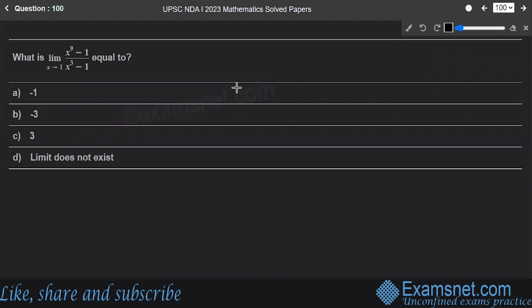Next is question number 100. What is the limit of x approaching 1, (x raised to power 9 minus 1) upon (x raised to power 3 minus 1)? This is of 0 upon 0 form. Therefore, this limit does not exist, right? I'll be using L'Hospital's rule over here.